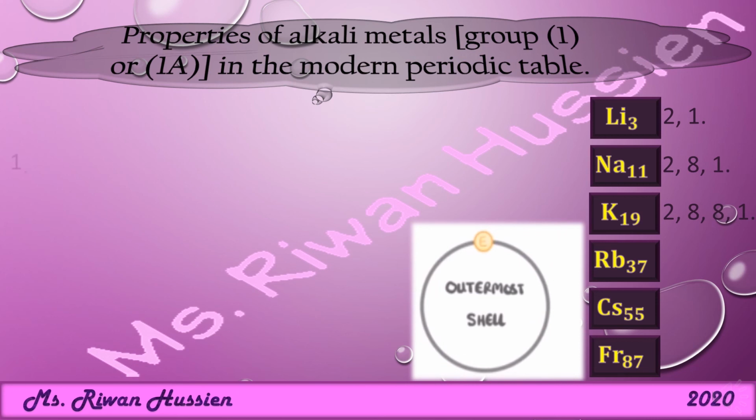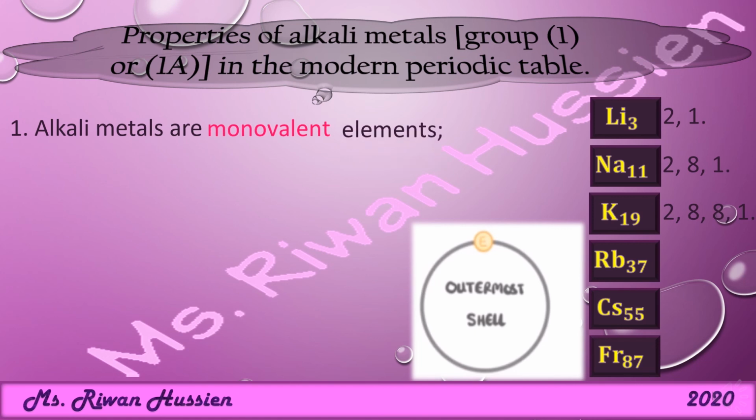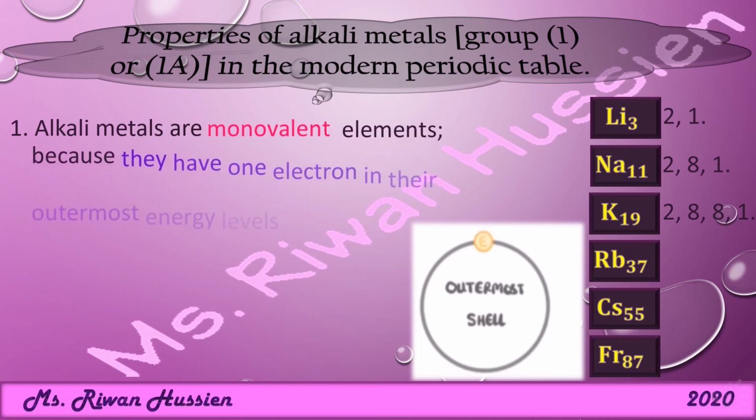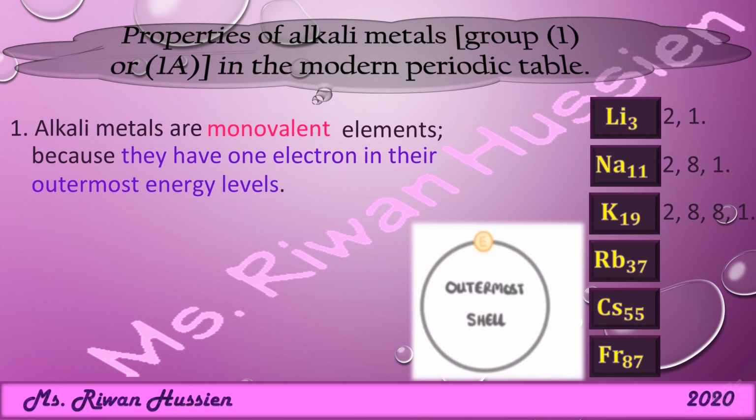Therefore, alkali metals are monovalent elements because they have one electron in their outermost energy levels. As you can see in the following diagram, these elements, in order to react and be stable, all they need to do is to lose this one electron and change into a positive ion.